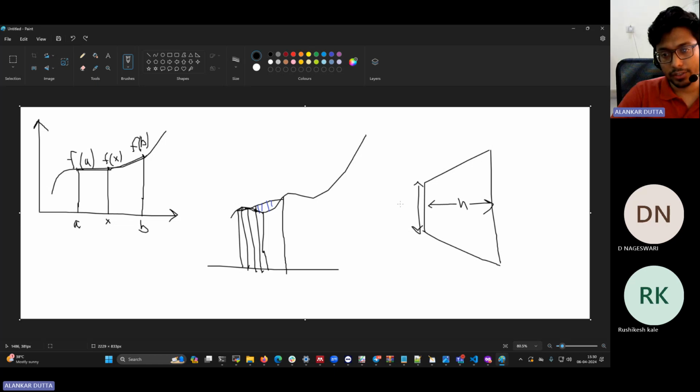So this value will be, say, y1, and this value is y2. Then the area of this trapezium would be h by 2 times the sum of its parallel sides, y1 plus y2.